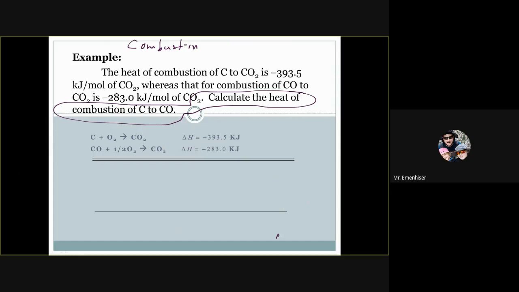And so we're going to add C plus some O2, and we're going to get carbon monoxide, right? We're starting with carbon, and we're making CO. So this is a combustion reaction where we make carbon monoxide. We add carbon with oxygen. That's combustion. And so we can call this heat of combustion, or enthalpy of combustion. We're just calculating the enthalpy.